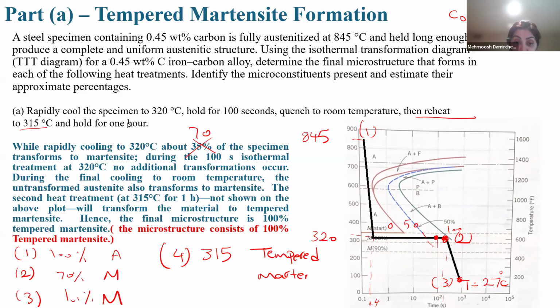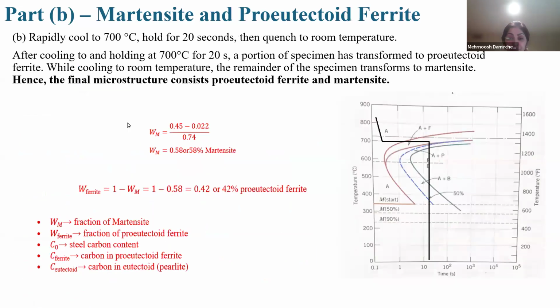How much percent? At 3, we have 100% martensite, so the 100% martensite now converts to tempered martensite. As you see inside the parentheses, the microstructure consists of 100% tempered martensite.